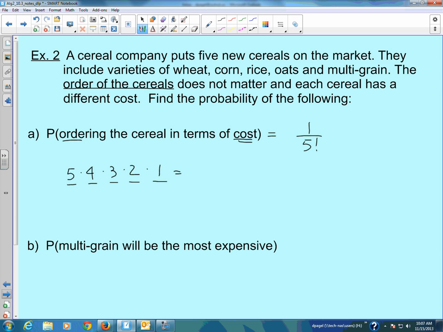And we looked at this in section 1, and so that's a factorial there. So I have 1 over 5 factorial, which is 1 over 120. Here's my probability for ordering my cereal from either high to low or low to high.